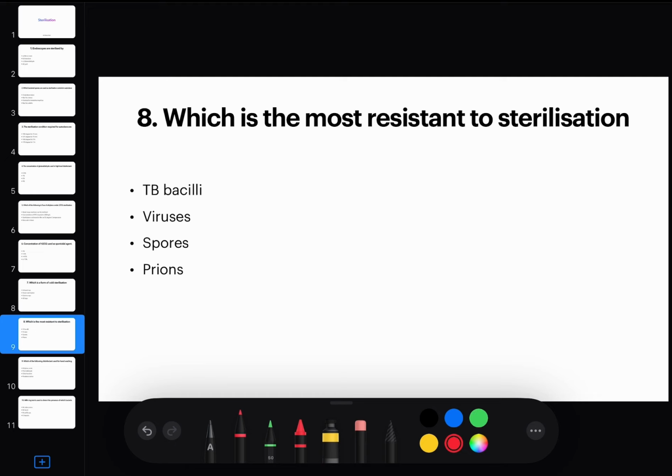Question number 8. Which is the most resistant to sterilization? This is a tricky question. The book says that it is prions.